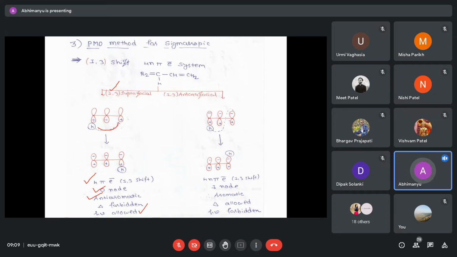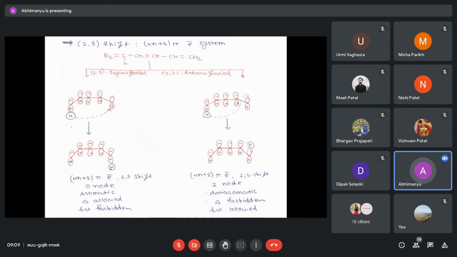In the case of antarafacial shifting, if I write it differently, plus minus, the node will actually form somewhere in the middle. So 4 pi electrons, one node, will become aromatic, and aromatic means thermally allowed.